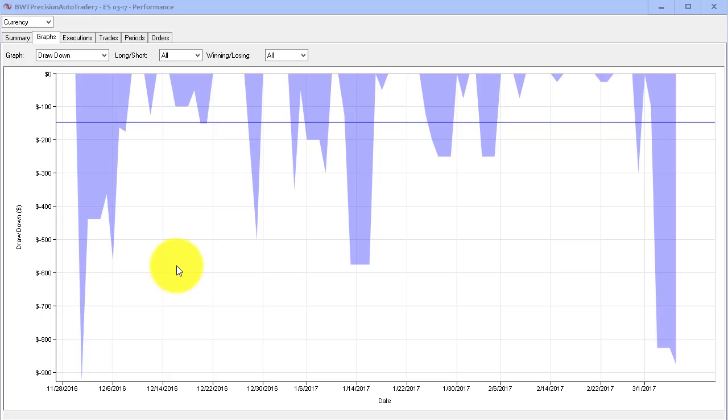So here's our drawdown graph. Because we have a 750 daily limit, you can see there's just a couple of times it went over that, probably just because of a spike. But most of the time it was way under our 750. In fact, the average drawdown would be this line, which is not that much.